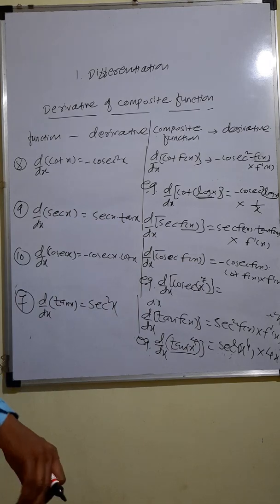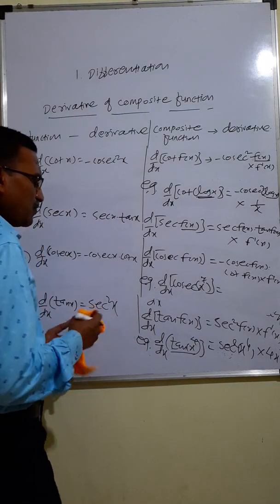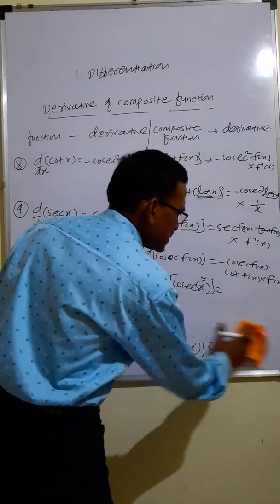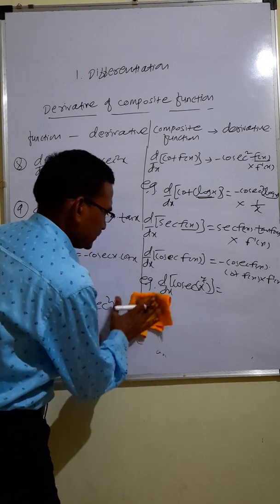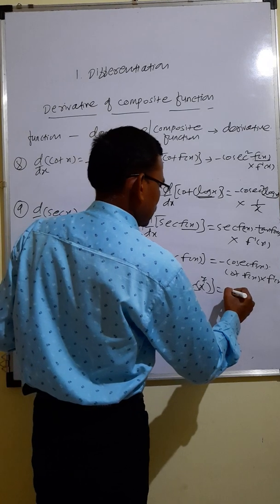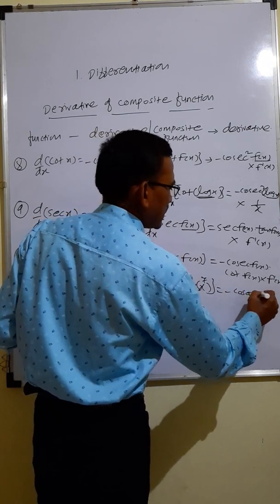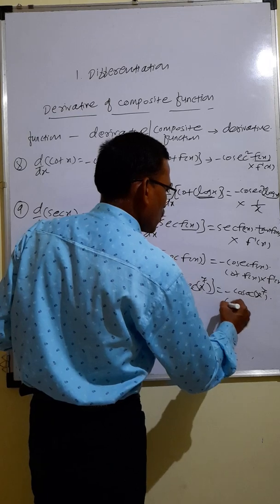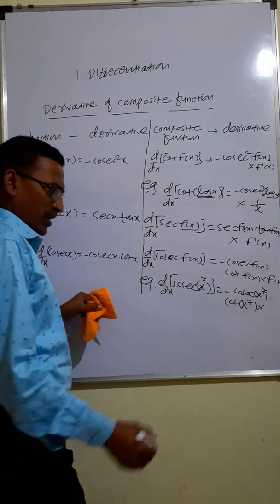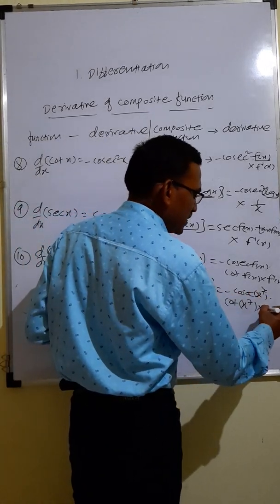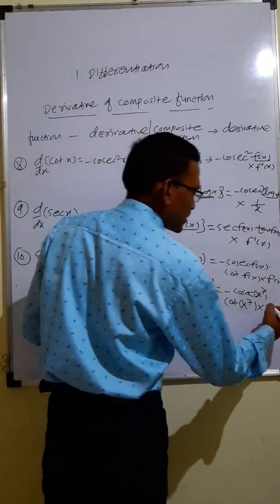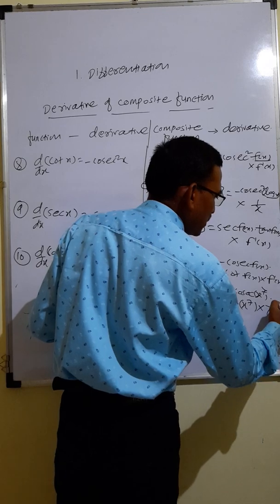The derivative of the composite function cosec x raised to 7 is minus cosec x raised to 7 into cot x raised to 7 into the derivative of x raised to 7, which by the power rule for x raised to n is 7 x raised to 6.